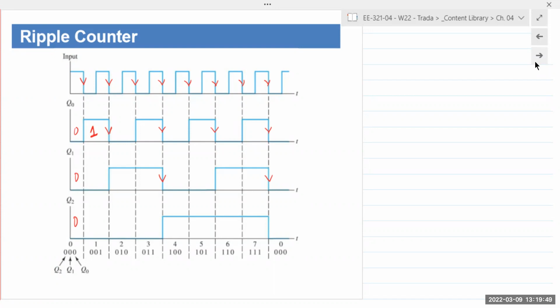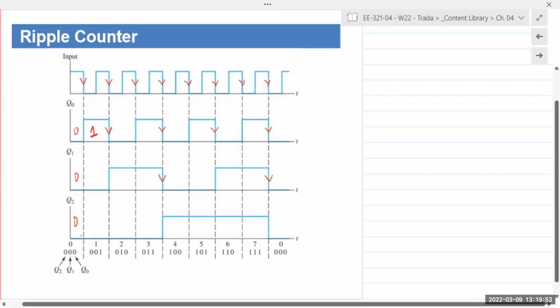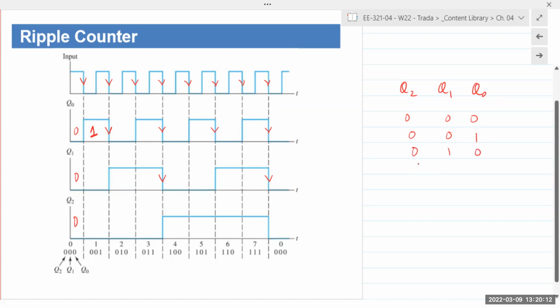So it's counting. It's 0, 0, 0 at the first step. If you take the outputs and combine them, Q2, Q1, and Q0, and form the truth table, the first is 0, 0, 0. Then Q0 toggles, so it becomes 0, 0, 1. Then it toggles again, so it becomes 0, 1, 0. Then 0, 1, 1.